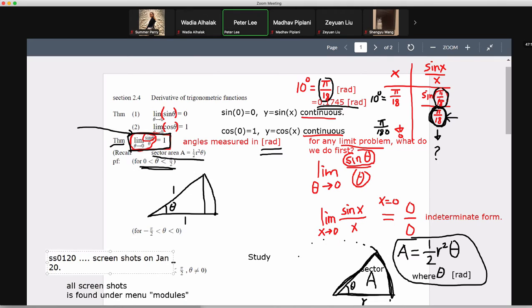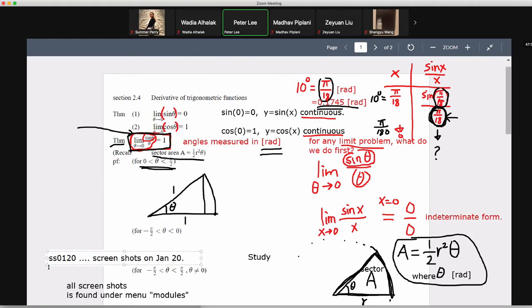So the screenshots today will be SS0120, and then there's file 1, and then 2, 3, 4, and they go by numbers. So all the screenshot file names are named in a chronological way, by dates and by the chronology.